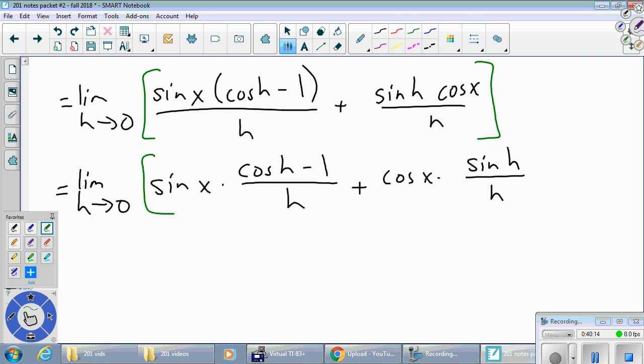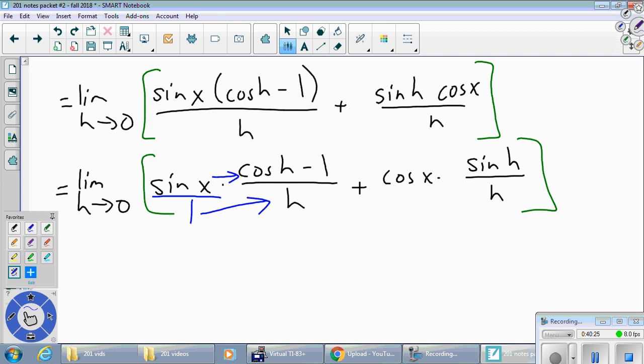Big brackets around the whole thing. So hopefully you buy it. This sine of x is really over 1, and if you had to multiply these fractions, you'd put that sine on the top, multiply it, and you'd put the 1 on the bottom, and that's exactly what we had before, right? And this cosine is really on the top. Yes, it is, and there's a 1 with an h, sure.